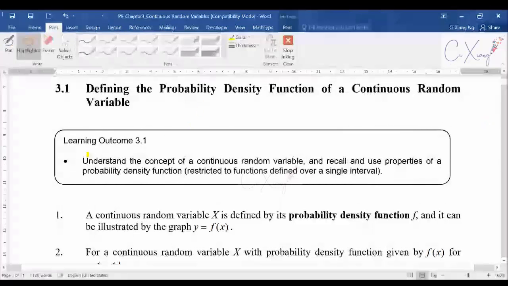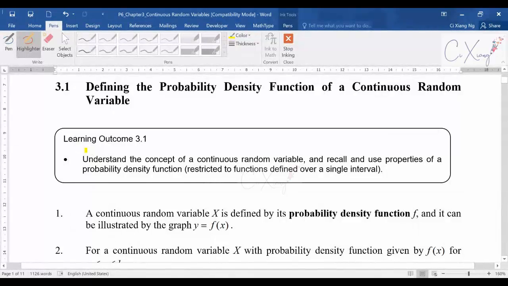For this video, the learning outcome is you need to understand the concept of a continuous random variable, and then recall and use the properties of a probability density function. The properties of a probability density function are more or less the same as for the discrete random variable, but here we apply it to continuous. So let's have a look.